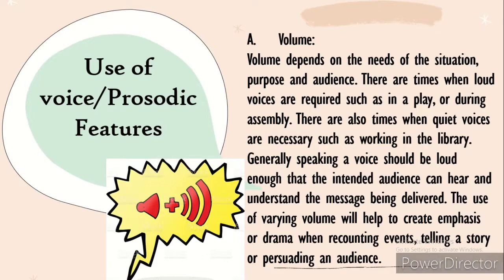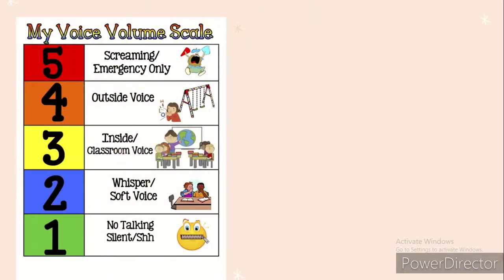The use of varying volume will help to create emphasis or drama when recounting events, telling a story, or persuading an audience. We have here my voice volume scale. We have level 1, level 2, level 3, level 4, and level 5.